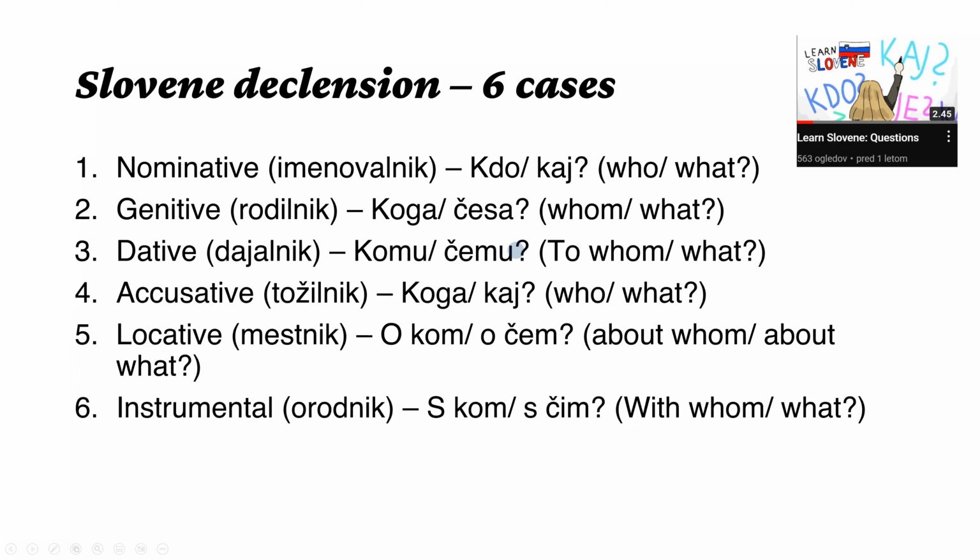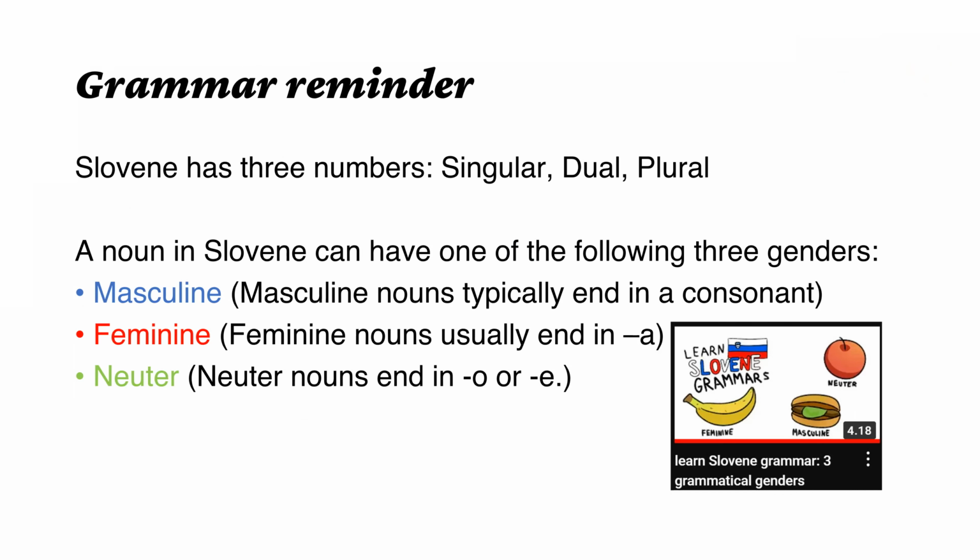Okay, and basically, before we can get started, we will once again go through grammar basics really fast. Slovene has 3 grammatical numbers. Singular for one person, one object; dual, 2 people, 2 objects; and plural, 3 or more people or objects.